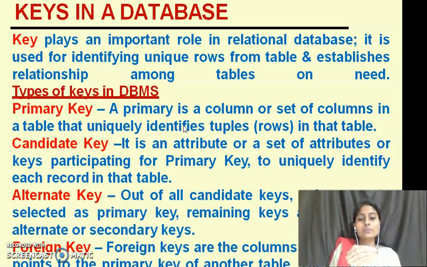So students, candidate key is the combination of more than one column, more than one attribute in a table. We feel the need of the candidate key if no single column is available in the table that plays the role of the primary key. In that case we have to make a combination of more than one column in a table that will play the role of the primary key.